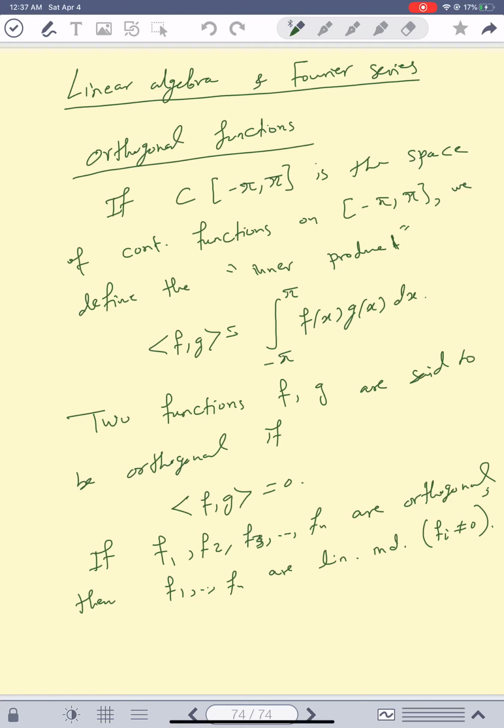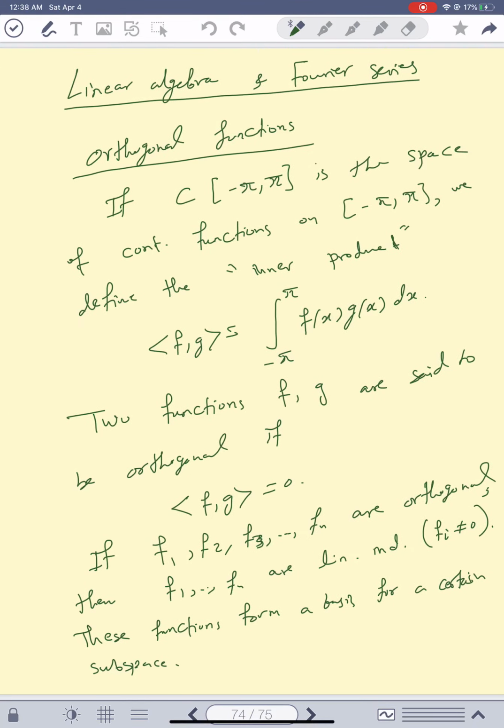Now, if they are independent, that means that these functions form a basis for a certain subspace. What do we mean by a basis and a subspace? Of course, this is a big topic in linear algebra, and again, I'm assuming you are familiar with these terminologies.